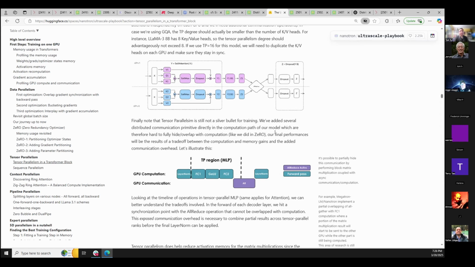And this is the key thing to understand about tensor parallelism compared to basically all the other techniques that we are going to talk about: when you get to that communication portion, there's no way to overlap it with computation. You cannot hide it.